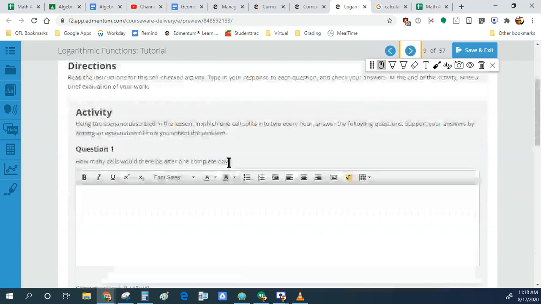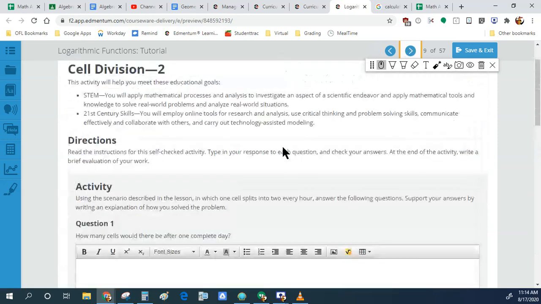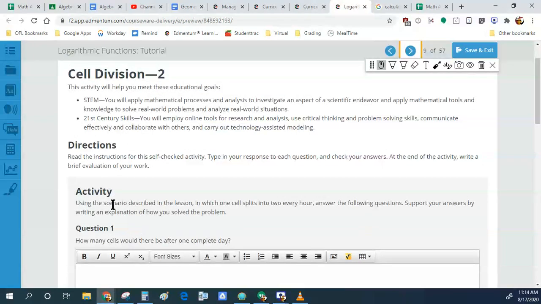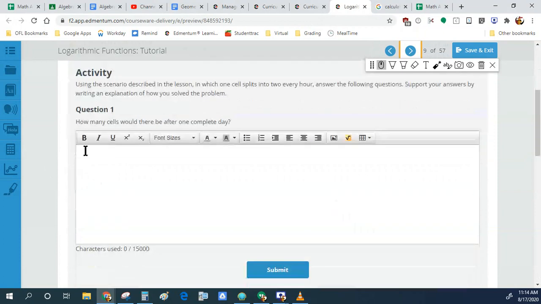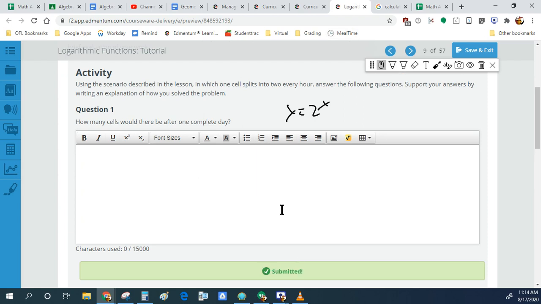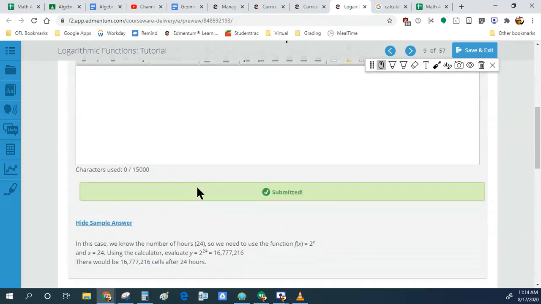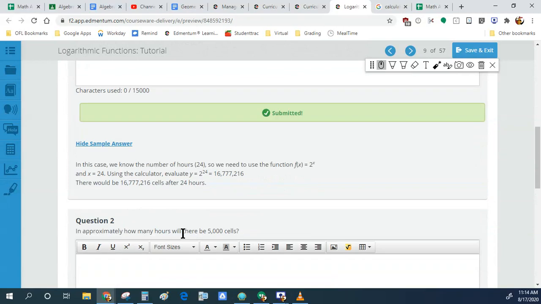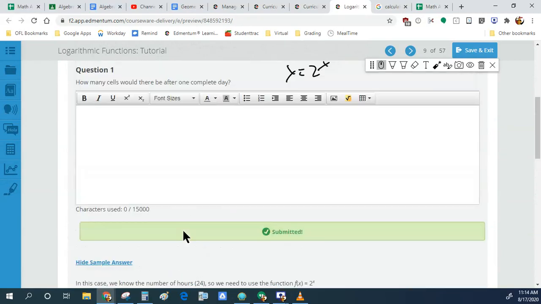All right, so now we're going to do the cell division problem they're giving us. Using the scenario described in the lesson, how many cells would there be after one complete day? So again, if this is y equals 2 to the x, after one day, we should have 2 cells. Oh wait, there is a different problem here.